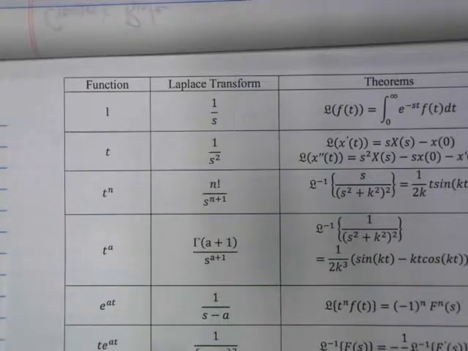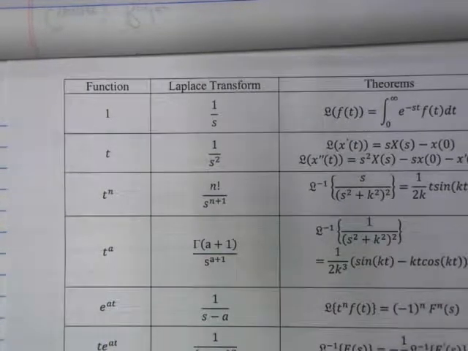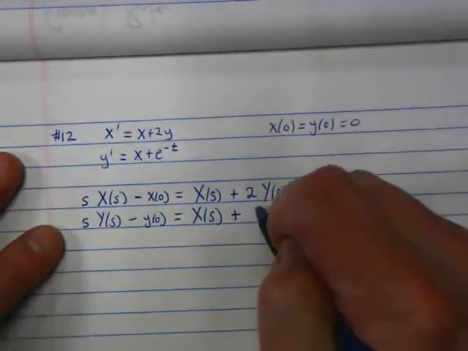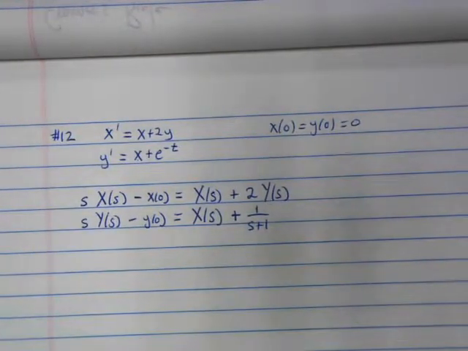Let's see. E to the negative t, that means a is the number -1. So it's 1 over s minus -1, that's 1 over s plus 1. And since x at 0 and y at 0 both equal 0, those both go away.